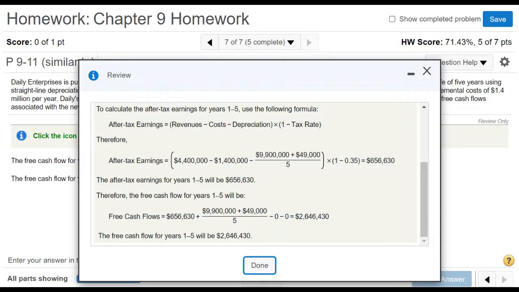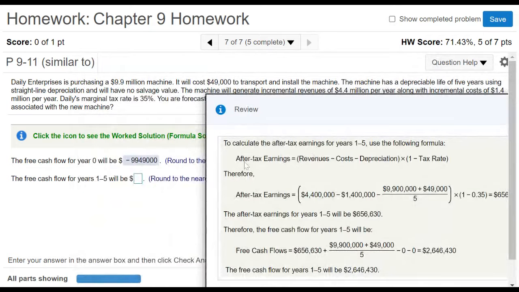Now we add back the depreciation, 9,949,000 divided by 5. Once we get that answer, we say 656 plus this answer is going to be 2,646,430, and that's what our answer is going to be.